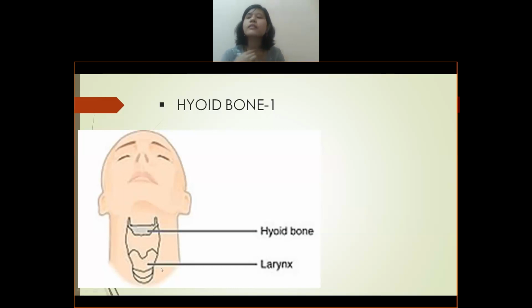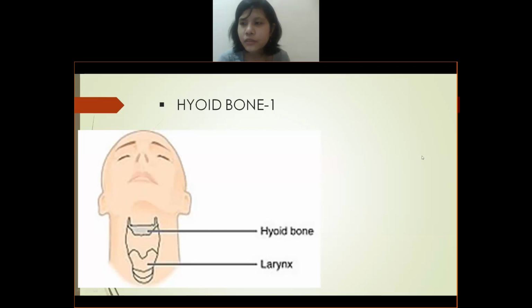Where does it lie? In between your larynx and the mandible, or lower jaw, you can say. This is your larynx. Larynx is also known as voice box. From here your voice is coming out.